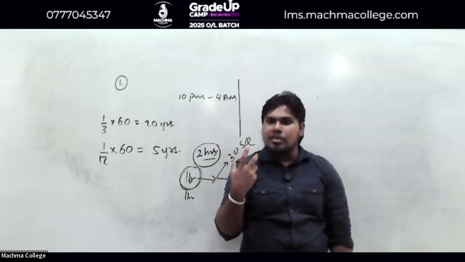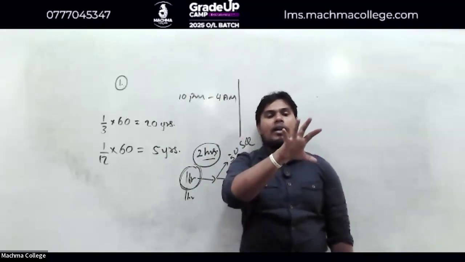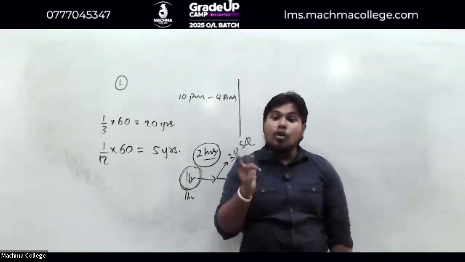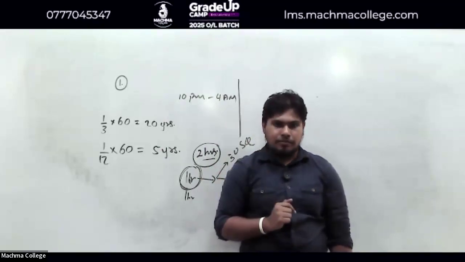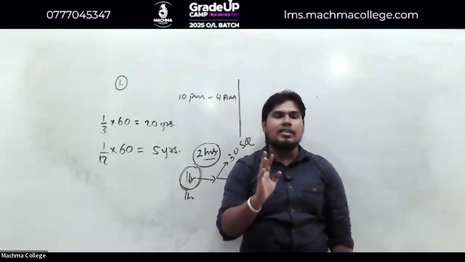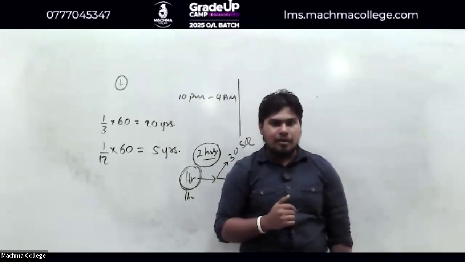Our brain is very possible to program. It doesn't matter how many hours you study. How you study in those hours is the one that matters. There are people who study for 2 hours but get 100 out of 100.